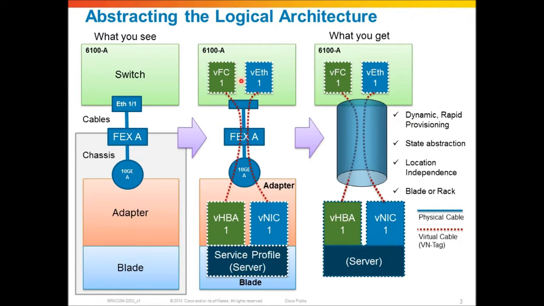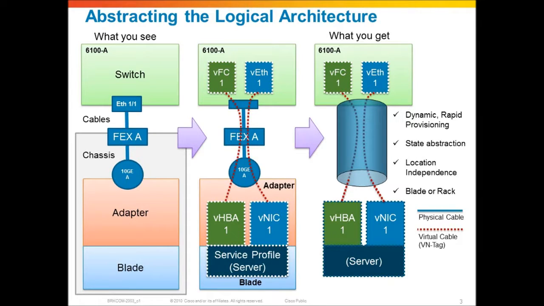If you see in the middle of the screen here, we've got our virtual fiber channel and virtual Ethernet interfaces on the Fabric Interconnect with their virtual cables that run through the physical architecture to the virtual adapters, the virtual HBAs and virtual NICs that are on the physical adapters, which are associated with a service profile which happens to be running on a blade server. So this virtualization of servers, adapters, cables, and switches is transposed and overlaid onto the physical architecture of UCS.